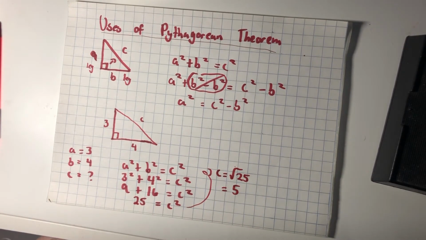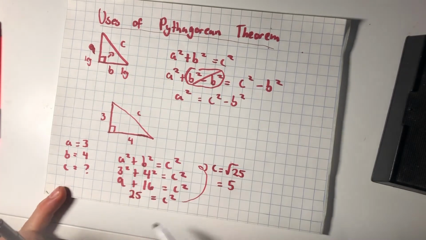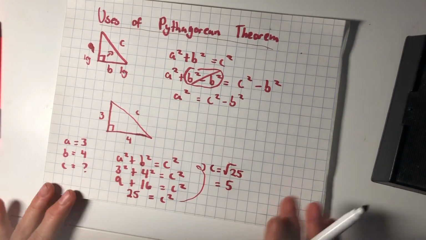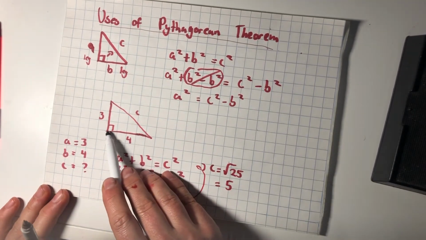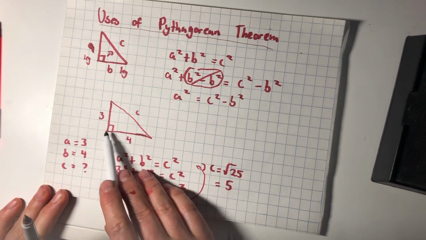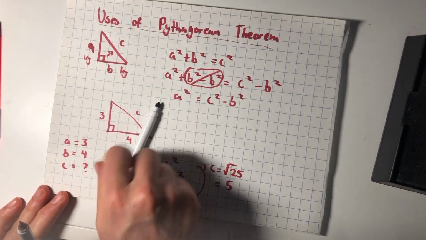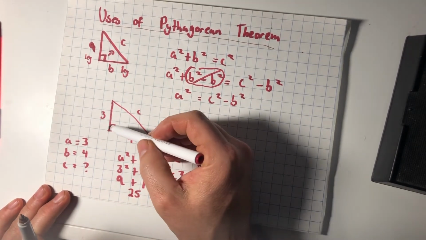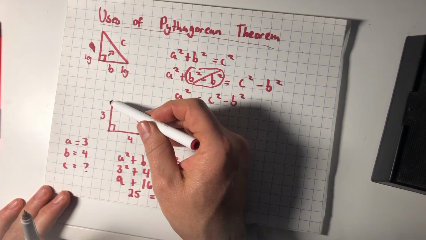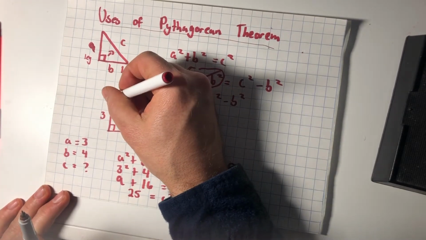That's extremely helpful. We can use that in construction, because if I want to find out if I have a 90-degree angle between two boards, they could be any length, what I do is I move up one board and I make a mark at the measurement of 3.